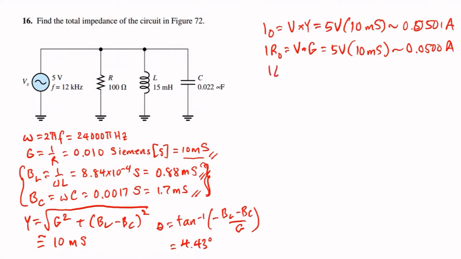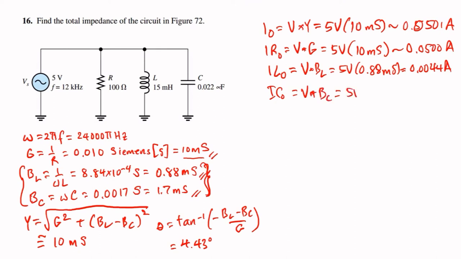Then if we continue on to the current across the inductor, we have V times B sub L, 5 volts times 0.88 millisiemens. That's about 0.044 amperes. And then I C naught is equal to V times B sub C, which is 5 volts times 1.7 millisiemens, which is about 0.0083 amperes.